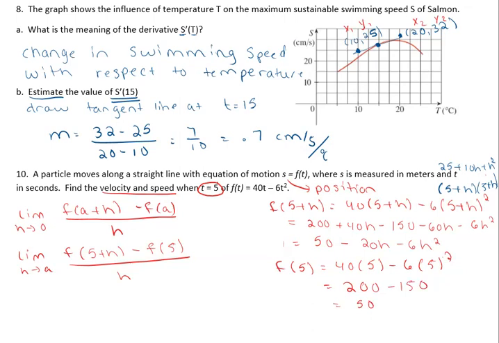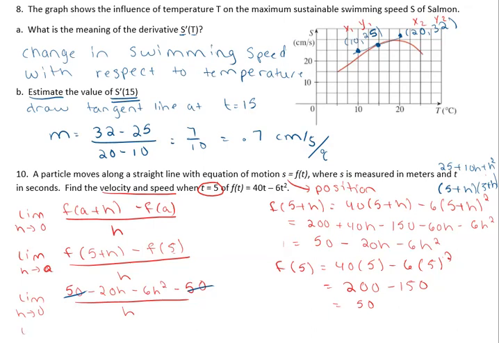So now we're looking at the limit as h approaches 0. F of 5 plus h, that worked out to be 50 minus 20h minus 6h squared minus f of 5, so minus 50 right here, all over h. Now remember, anything that doesn't have an h has to cancel. So 50 and 50, I think that's it.